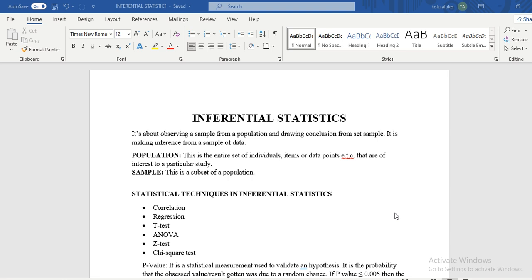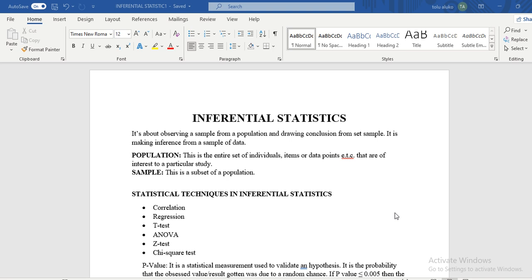about observing a sample from a population and drawing conclusions from said sample. It is making inference from a sample of data. And population, what does it mean by population? It is the entire set of individual items or data points of interest to a particular study.